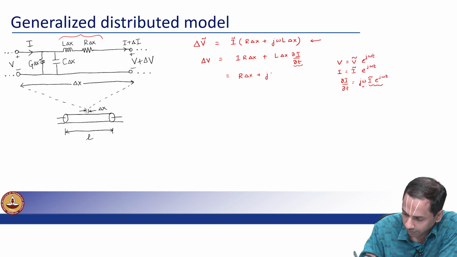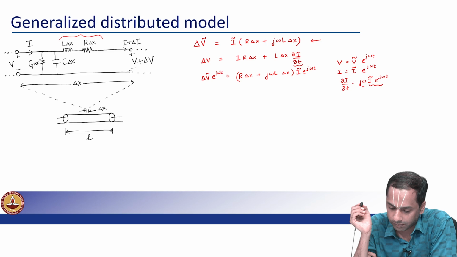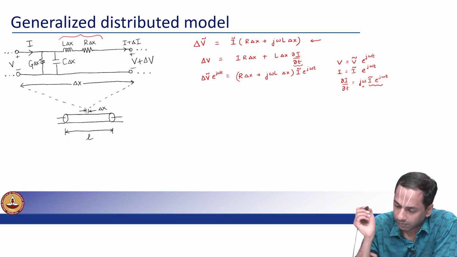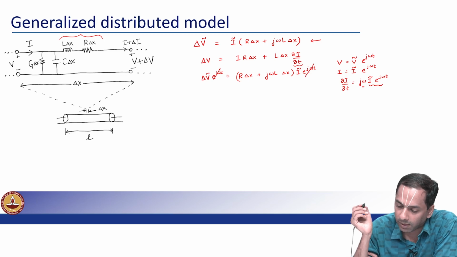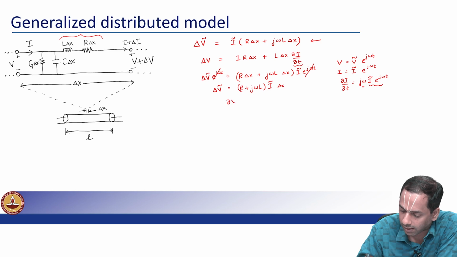So the e to the j omega t, the time dependence goes away, and I can move the delta x to the left, and you essentially get dou V tilde by dou x for small delta x.